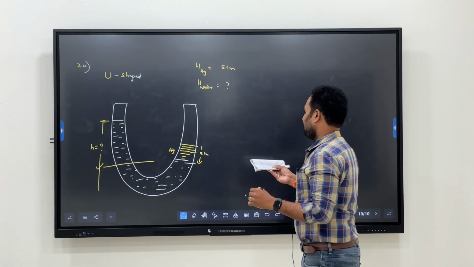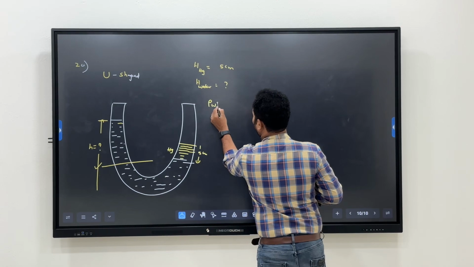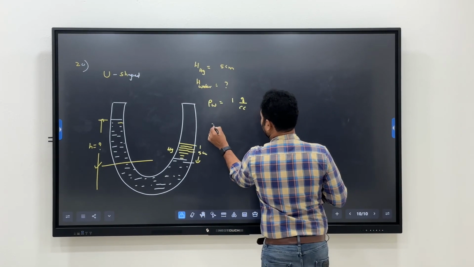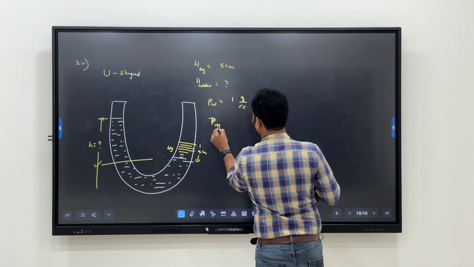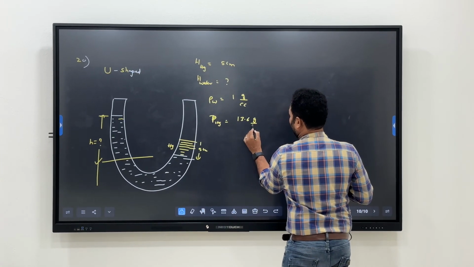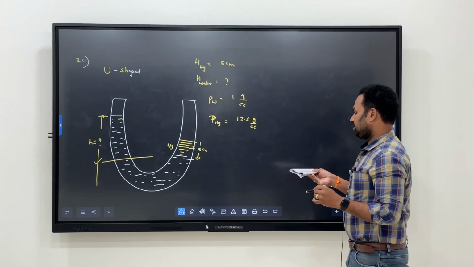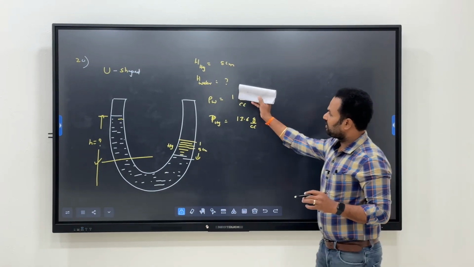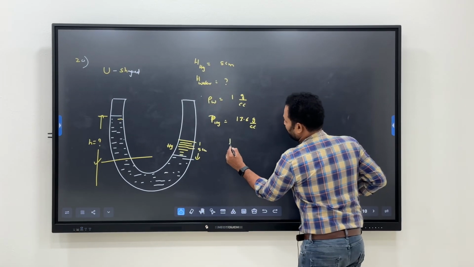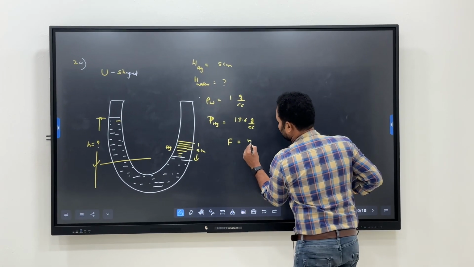Here the density of water is not provided, but we know it is 1 gram per cc. The density of mercury is also not provided, but we know it is 13.6 gram per cc. Now we need to calculate the height in the water column. According to the force of buoyancy, F is equal to mg.